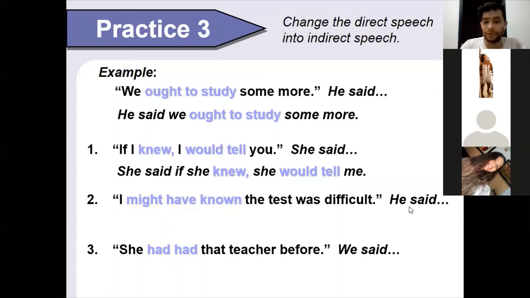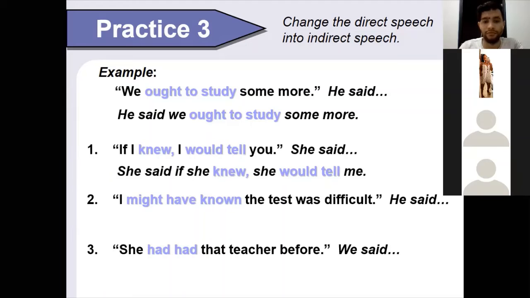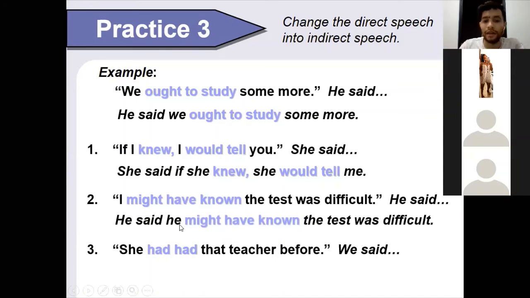I might have known the test was difficult, he said. He said he might have known the test was difficult. All right, have. Remember that nothing changes. So he said he might have known the test was difficult, right? Everything is fine, miss, but remember that after might, in this kind of past models, have never changes, right?